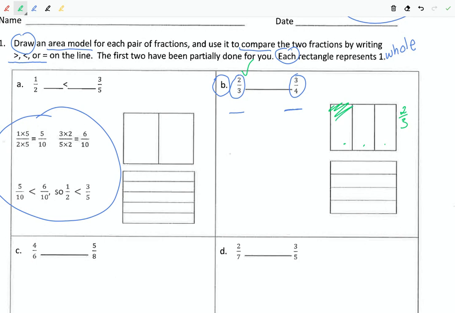And so let me go ahead and shade in 1, 2 units, okay? And so here's 2/3, and then the second one has 1, 2, 3, 4. Well, that must be for the second fraction. So I am going to put 3/4 here on the side and shade 3 of them because I'm representing 3/4. So there's 3/4.